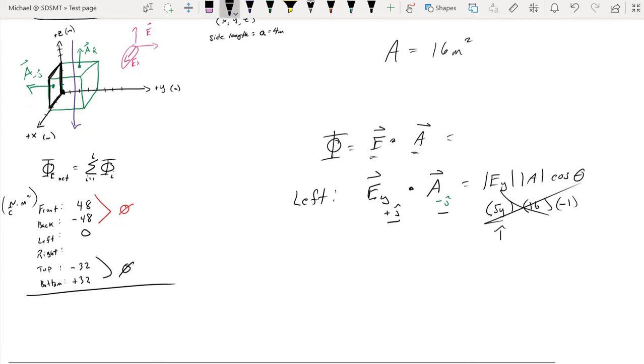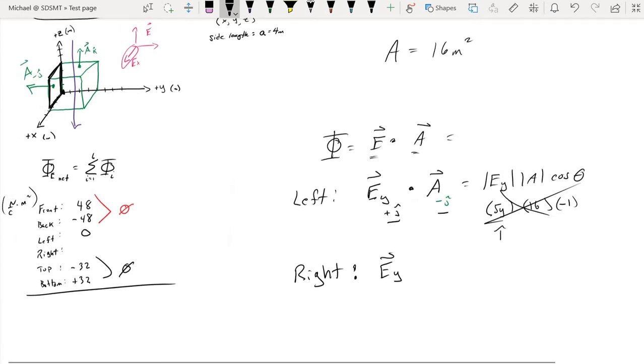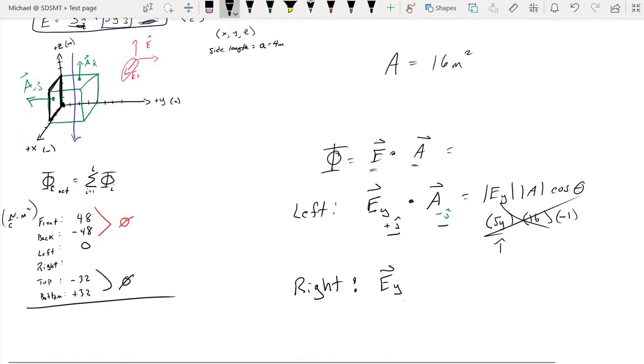So the only hope that we have left for getting any flux through this cube is going to be through the right face. And so we take our y component, which is pointing in the positive j-hat direction. We take the dot product of that as it passes through the right face of the cube.